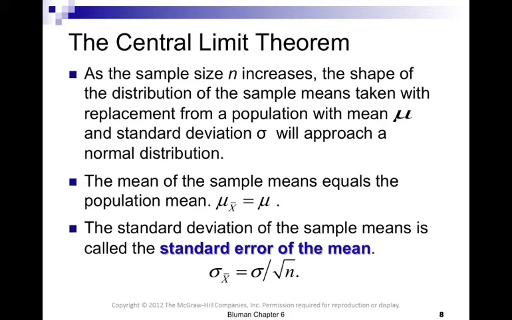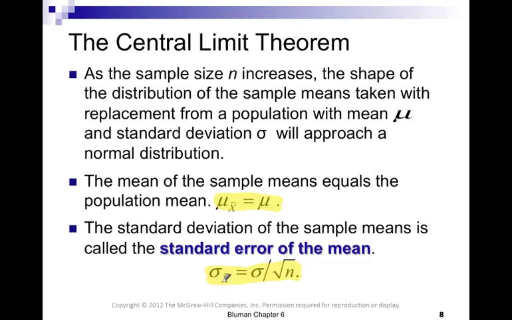The mean of the sample mean equals the population mean. This is something you'll assume, that the mean of the sample is equal to the population mean, and the standard deviation of the sample, which is called the standard error of the mean, has a formula listed here at the bottom.